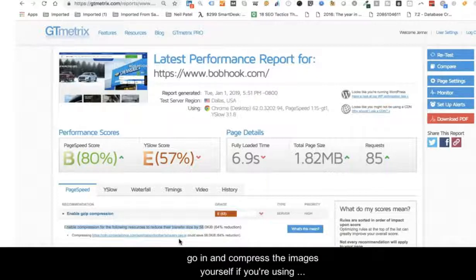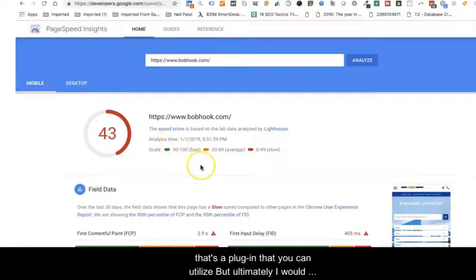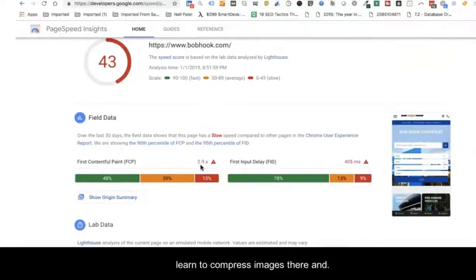If you're using WordPress, there's a great tool called WP Smush. So that's a plugin that you can utilize, but ultimately I would learn to compress some images there.